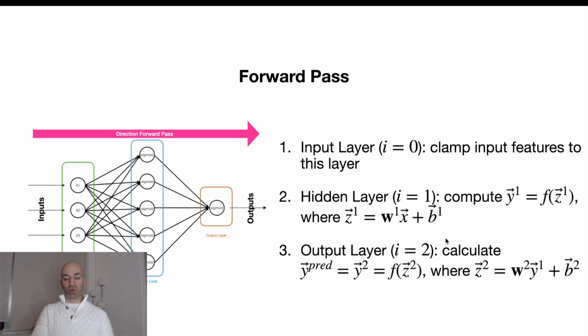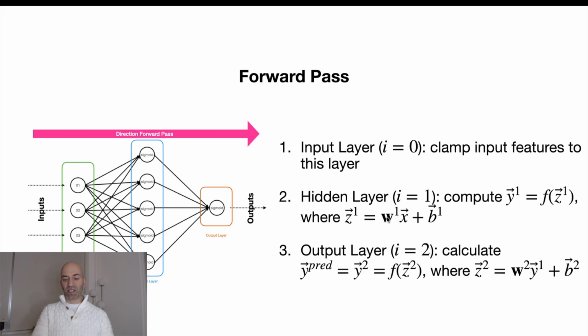Next, we go to the output layer, i equals 2, and here we actually compute the prediction of our model, ypred, and ypred is just equal to y2. y2 is equal to the output of our activation function in this layer, which has as an input this value for z.